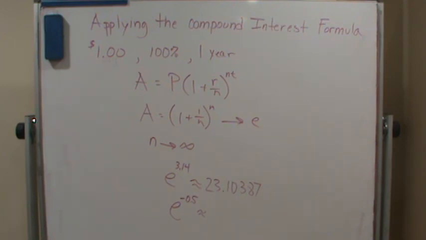But anyway, you could use the negative key on your calculator. So if I clear this and do e to the x, and put in negative 0.5, I get 0.60653.